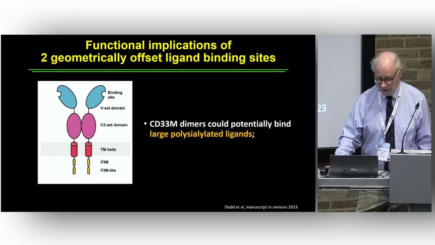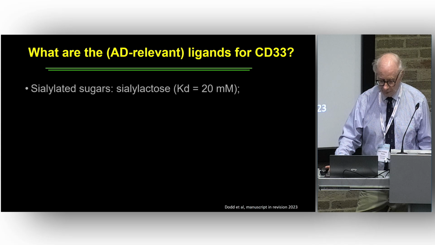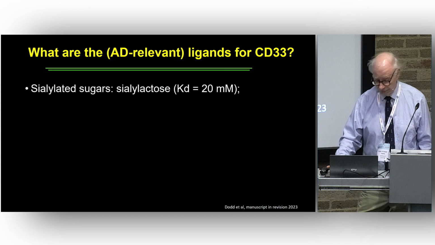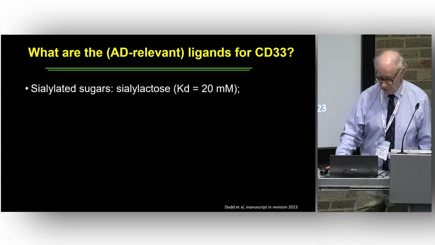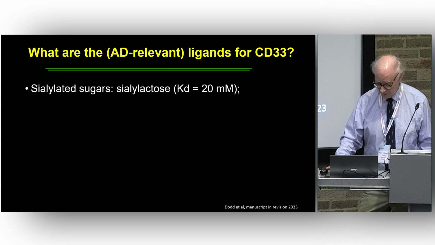But anyway, we started out with the usual methods, and what we were able to show was that you could find binding of ordinary sialylated sugars like sialolactose, but only with a rather modest binding affinity of 20 millimolar, which is not very impressive.